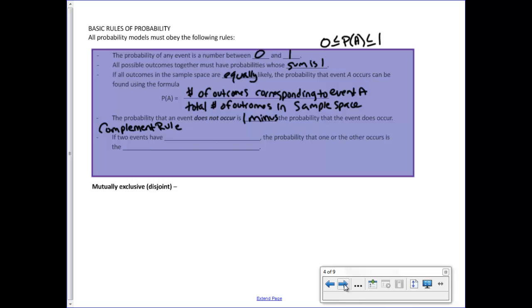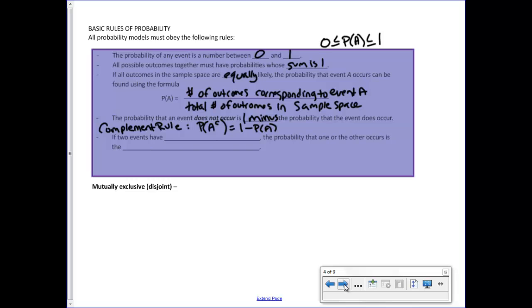They like complement each other. The probability it doesn't occur, the probability it does occur, those add up to 1. And it looks like this. Probability of A to the C. It's like saying the complement of A, the probability A does not occur, equals 1 minus the probability that A does occur.